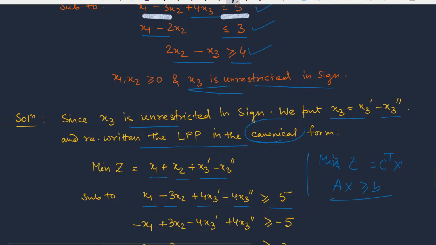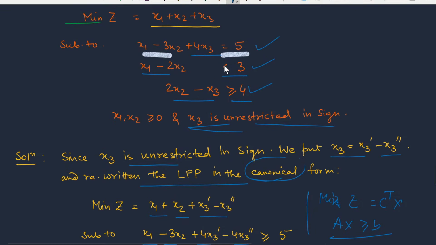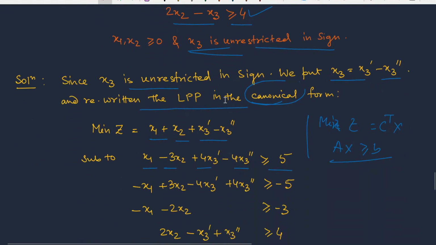So we write these equations with greater equal to type inequalities with a negative sign, and second, we write the equalities as two inequalities. So we write minus x1 plus 3x2 minus 4x3 prime plus 4x3 double prime greater equal to 5.